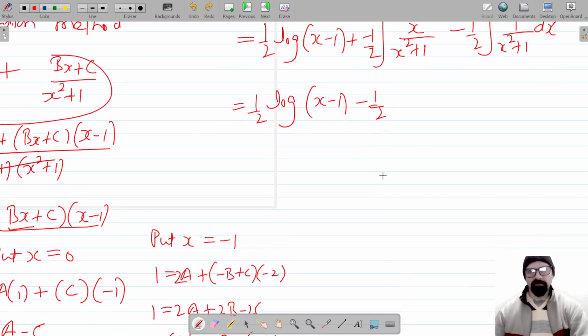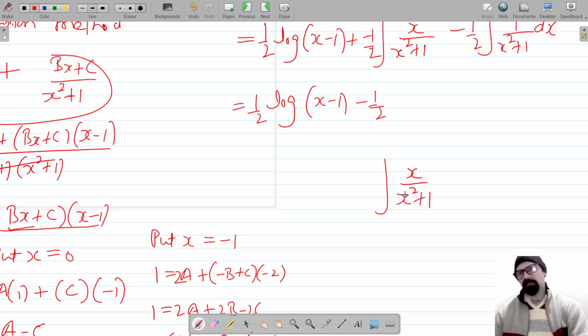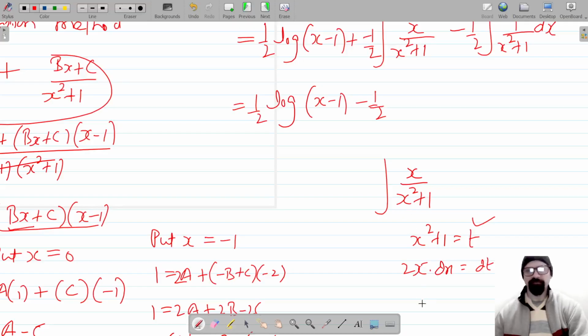If I have to integrate this, let me integrate it here using the substitution method. Let me substitute x squared plus 1 with t, which gives me, differentiating, 2x into dx is equal to dt, and x into dx becomes dt by 2.